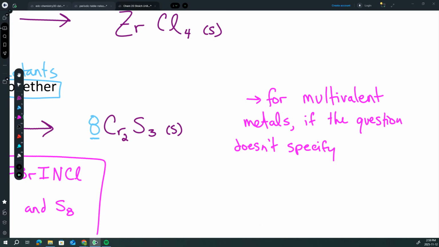So if the question doesn't specify which charge to use, use the most common charge.